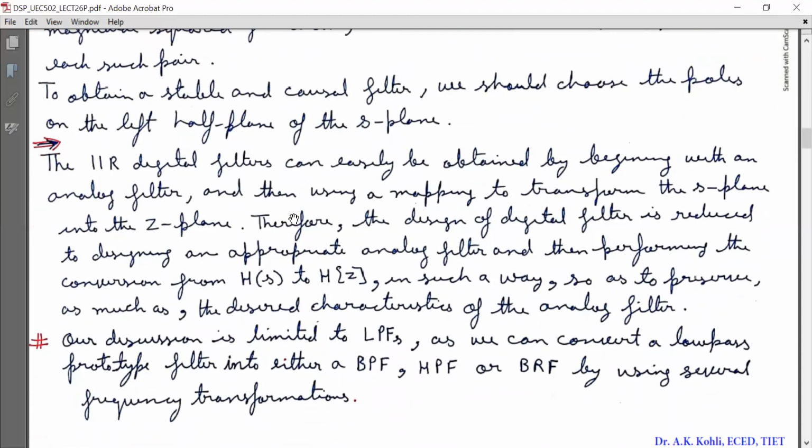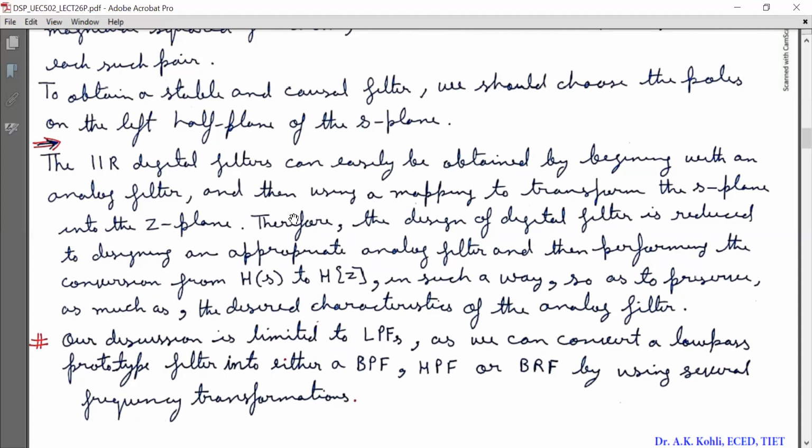IIR digital filters can easily be obtained by beginning with an analog filter and then using a mapping to transform the S plane into the Z plane. Therefore, the design of a digital filter is reduced to designing an appropriate analog filter and then performing the conversion from H(s) to H(z) in such a way as to preserve as much as possible the desired characteristics of the analog filter.